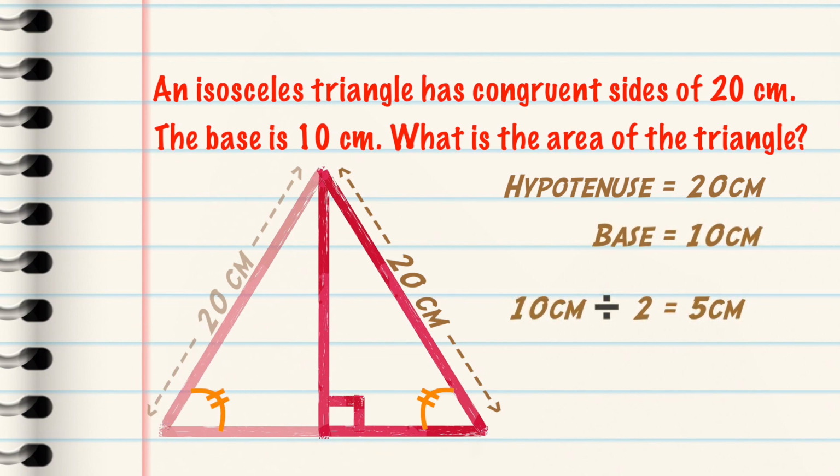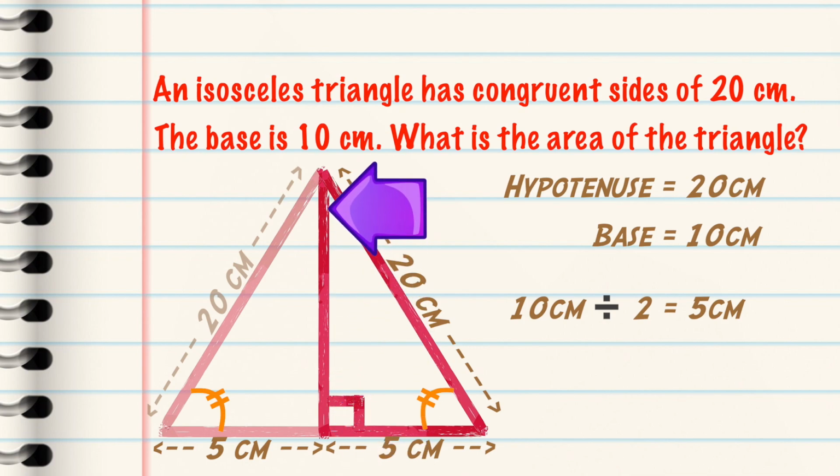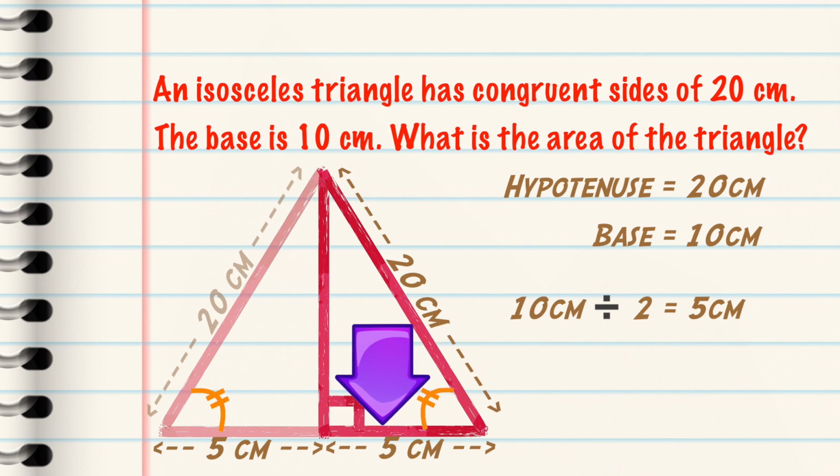So, to find the length of one leg of the right-angled triangle, we can just divide 10 centimeters by 2 to get 5 centimeters. Because in this isosceles triangle, the height, this line, bisects the base or divides it into two equal parts. So this length is 5 centimeters and this length is 5 centimeters.